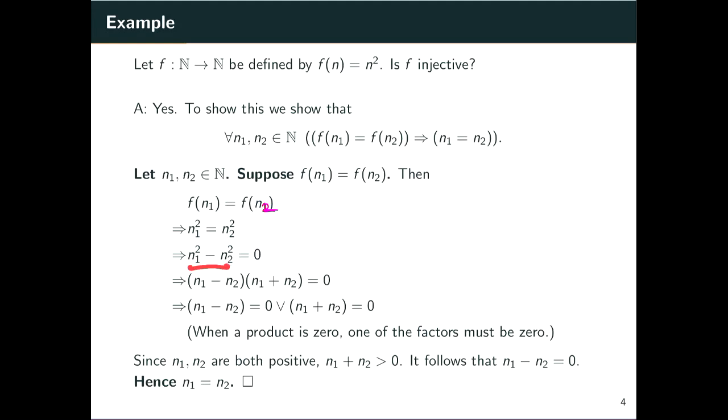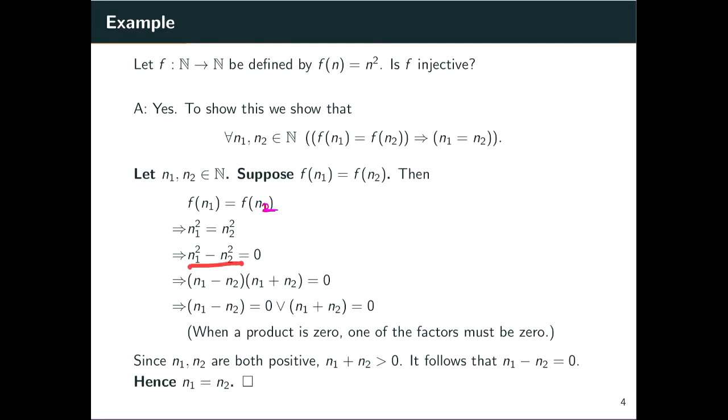We rearrange it so that there's a 0 on this side. The reason I'm not taking a square root is it's a little bit awkward to assume that we know what a square root of a natural number is, because sometimes it might not map to a natural number. So this is the more formal way to do it.